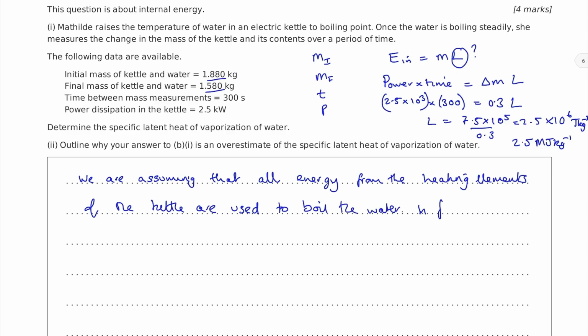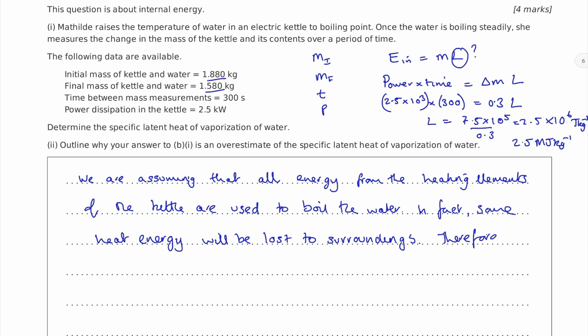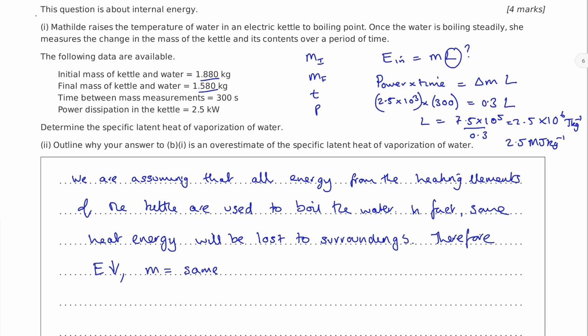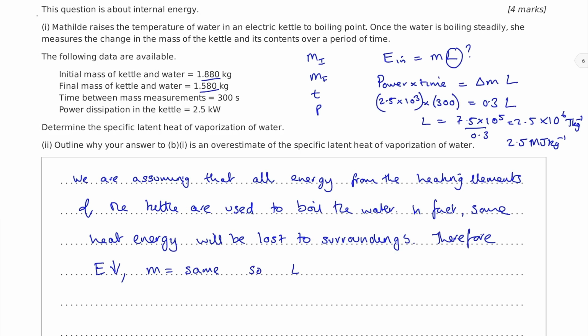In fact, some heat energy will be lost to the surroundings. Therefore, E is smaller, mass is the same, so the latent heat of vaporization will be smaller in real life too.